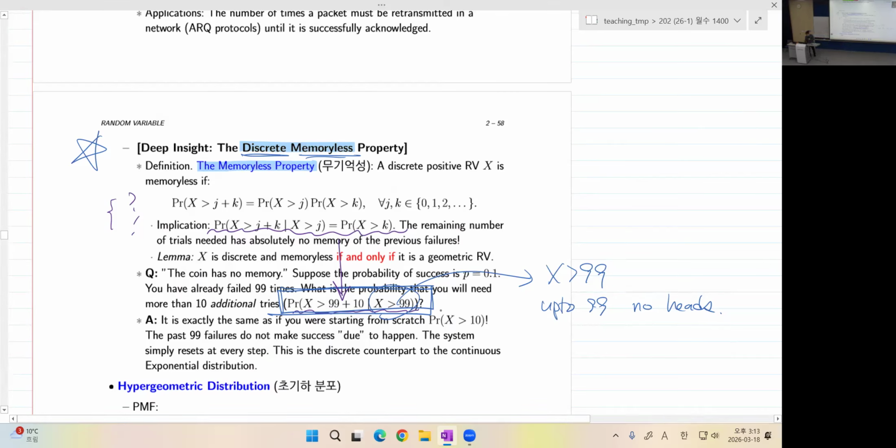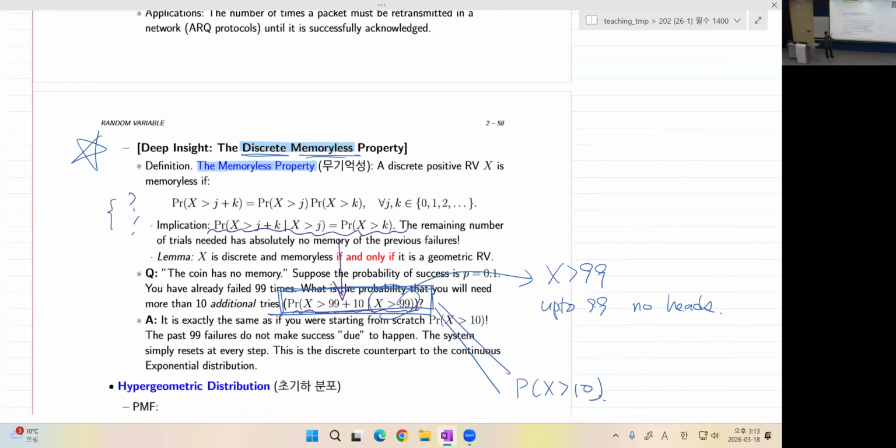And if the coin tosses are independent, you can easily say that this is simply the same as this one, right? So your condition that I haven't seen heads up to 99 trials has nothing to do with your future success. This is called the memoryless property.